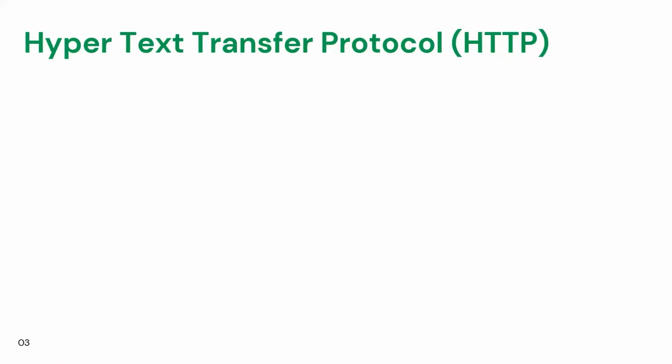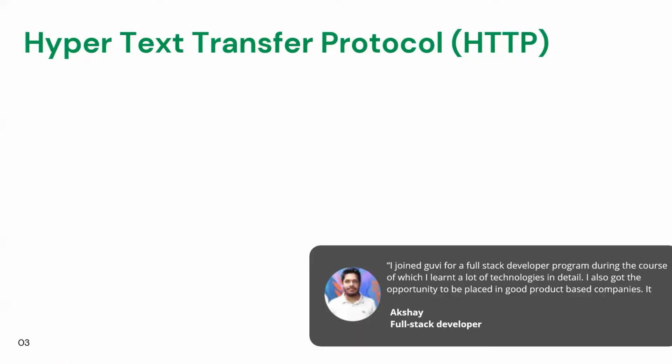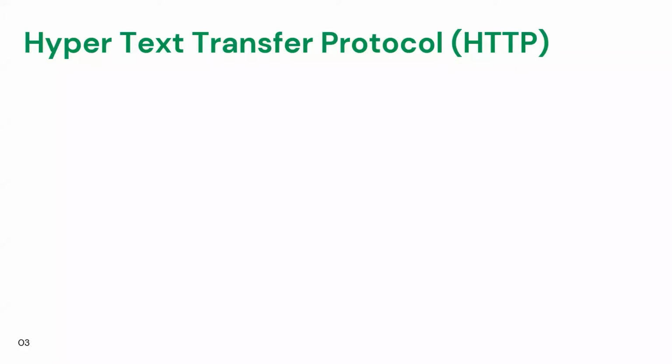Similarly, on the internet, whenever we transfer data from one computer to another, or want to access data from other computers, we normally follow a protocol called HTTP, the hypertext transfer protocol.